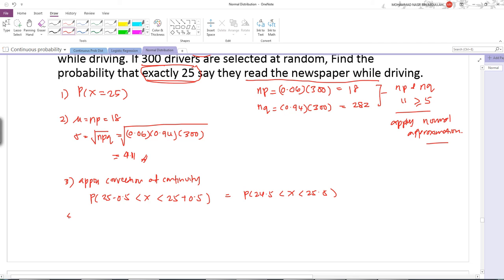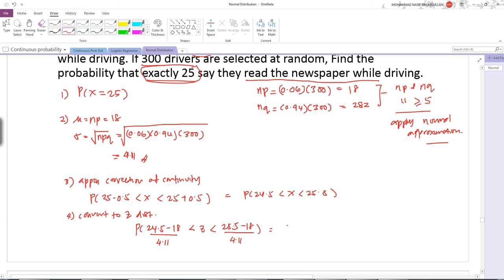And number 4, convert to Z distribution. So we will get the probability of 24.5 minus 18 divided by 4.11 less than Z less than 25.5 minus 18 divided by 4.11.